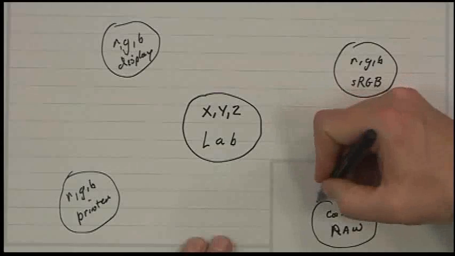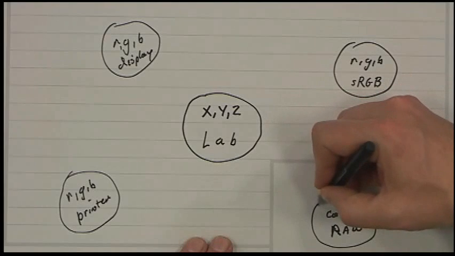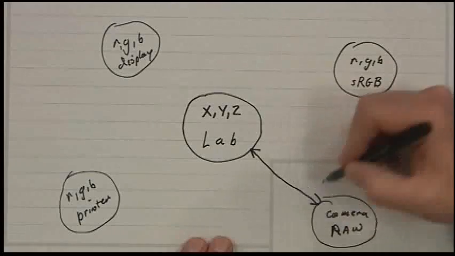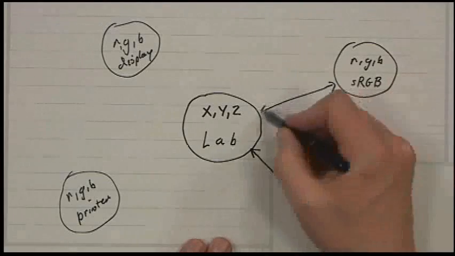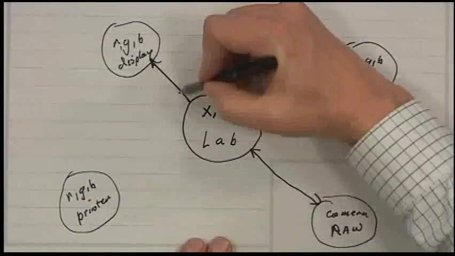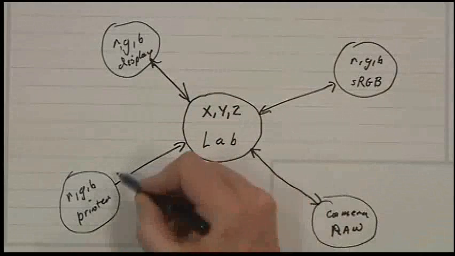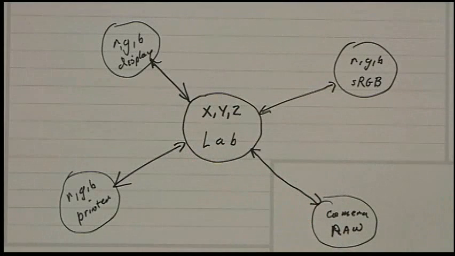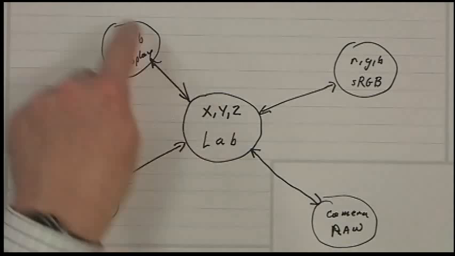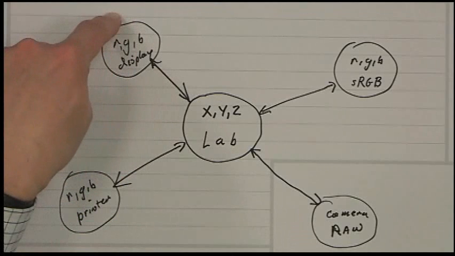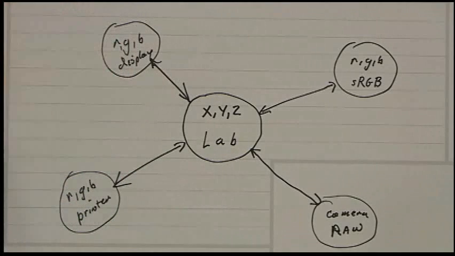Okay, so the standard engineering solution is that we have an interchange space. So what we do is we go to some standard space, and then we convert to the other space. So this takes the problem from being order n squared to being order n.